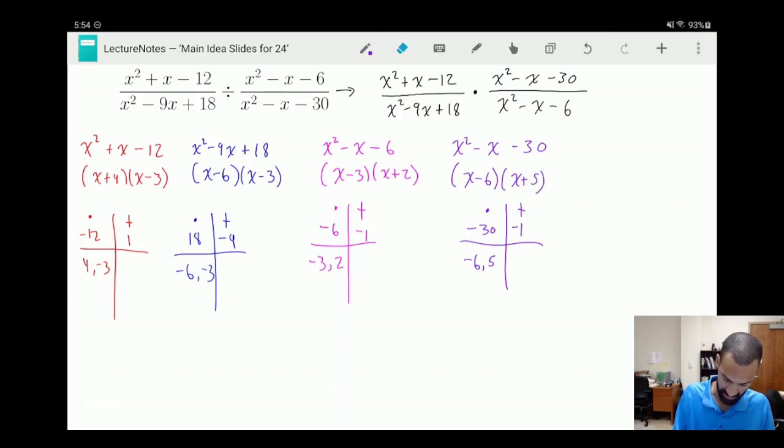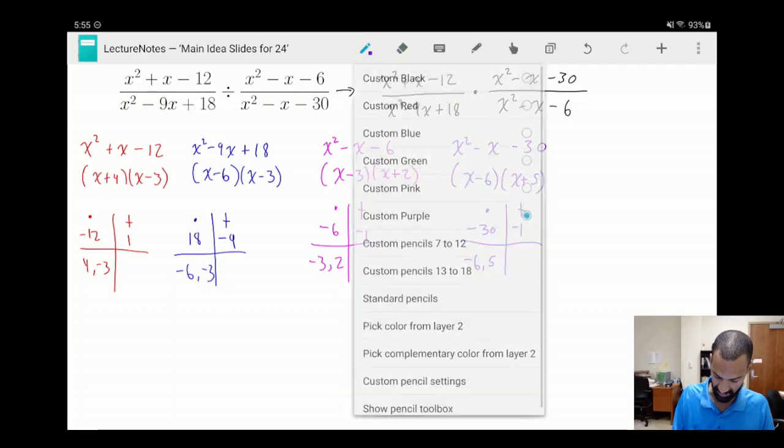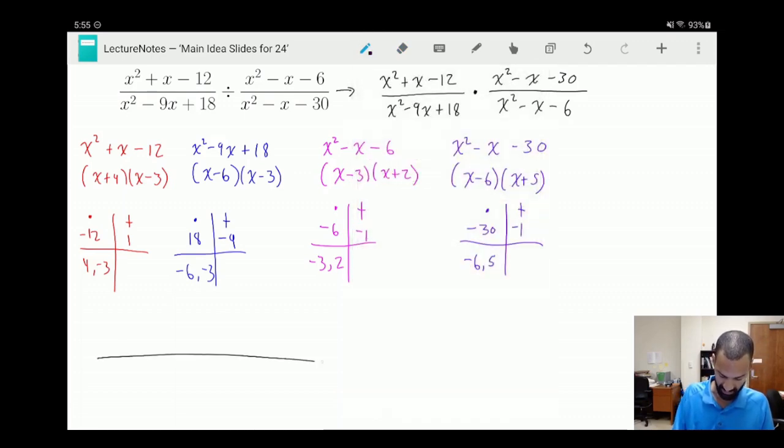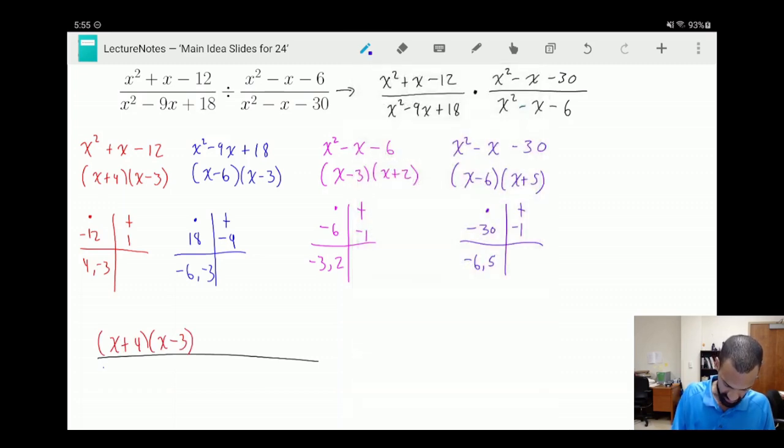Now I have to keep in mind that I flipped the second fraction, so when I write it out I need to be careful of that. So x squared plus x minus 12 is x plus 4, x minus 3. The denominator, x squared minus 9x plus 18 is x minus 6, x minus 3.